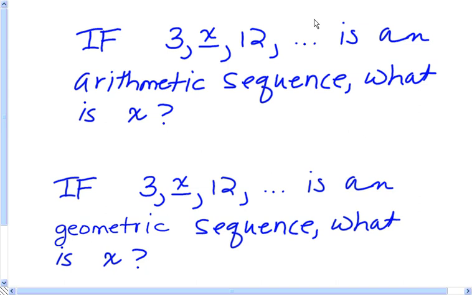If 3, x, 12 is an arithmetic sequence, what is x? The word arithmetic means that we're adding the same amount. There's a constant difference. So if I do x minus 3, it will equal 12 minus x. Basically, what I'm looking for is a number exactly halfway between 3 and 12.